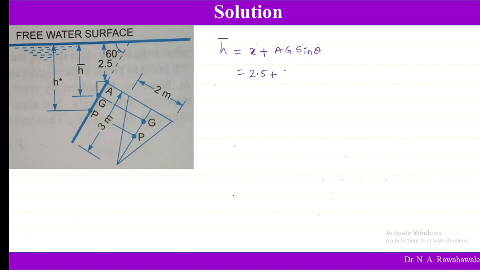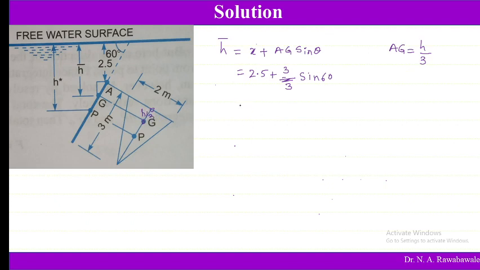AG is h by 3. H means height, which is 3, so 3 divided by 3 is 1, into sin 60 degrees. Theta is given as 60 degrees. H is the height of the triangle, and the center of gravity is at h by 3 distance from its base.